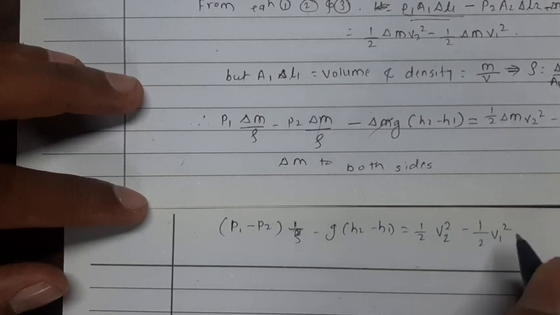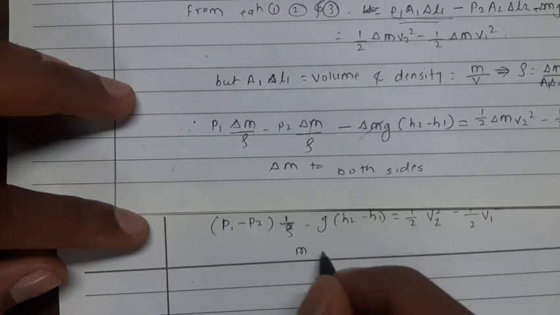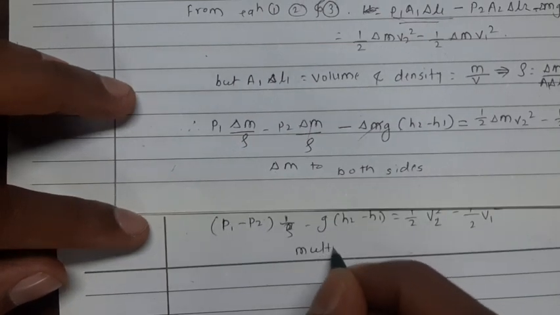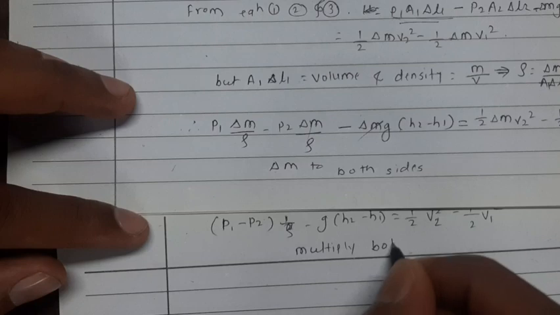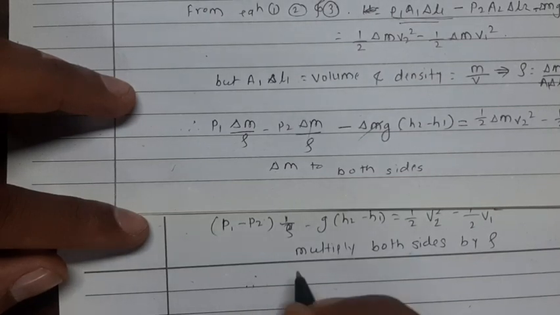Now multiply both sides by rho. If I multiply both sides by rho, what will I get? It is P1 minus P2.